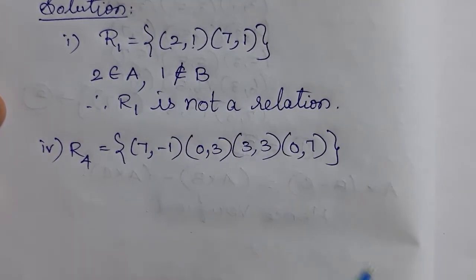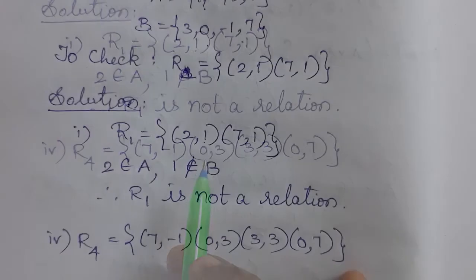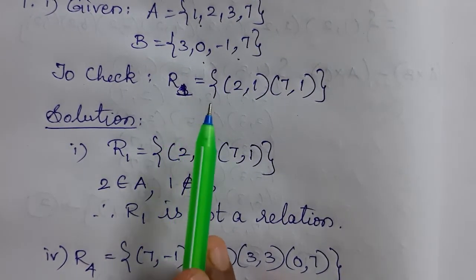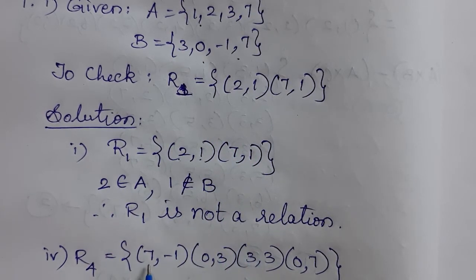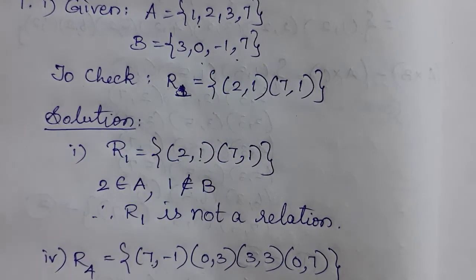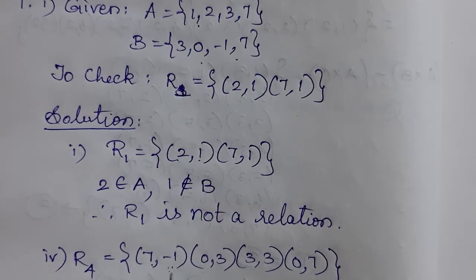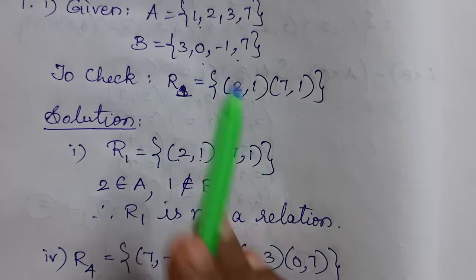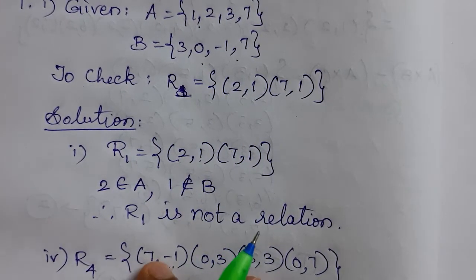If not, it is not a relation. We have already listed the elements of set A, which are 1, 2, 3 and 7. Now we'll just check 7. Does it belong to set A? Yes, you have 7 in set A. Then minus 1. Do you have minus 1 in B? Yes, we do have minus 1 in B. So the first ordered pair is a subset.